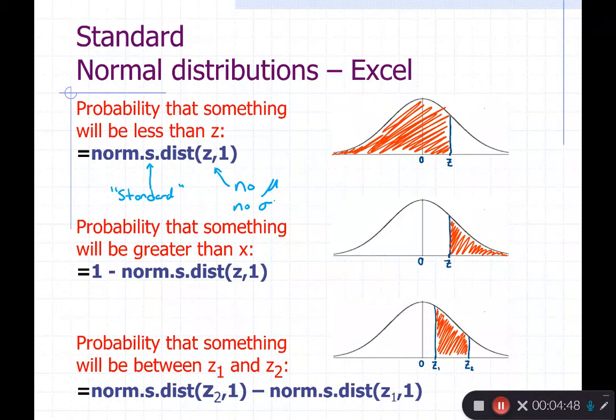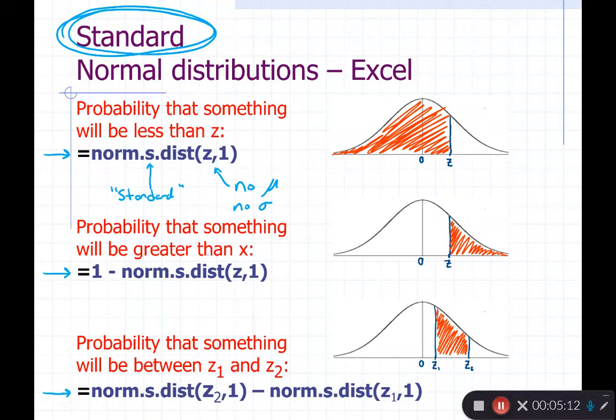Where in the previous slide, the previous functions, different sets have different means and different standard deviations, so you have to tell Excel what they are. If we're working with the standard normal distribution, we set the functions up the same way. It's the same area to the left, area to the right, and area between two numbers.